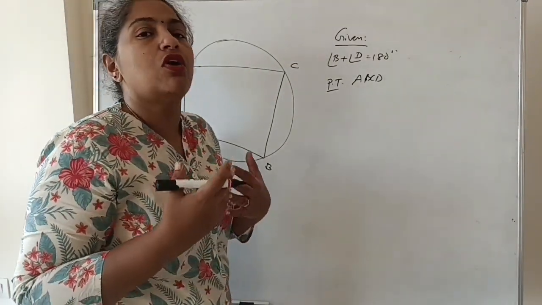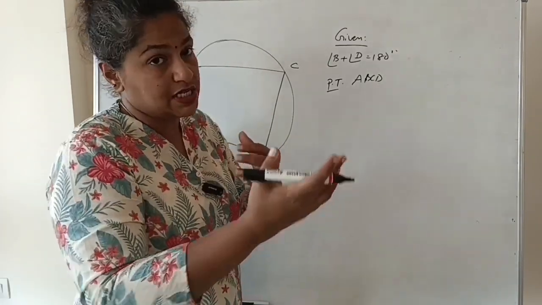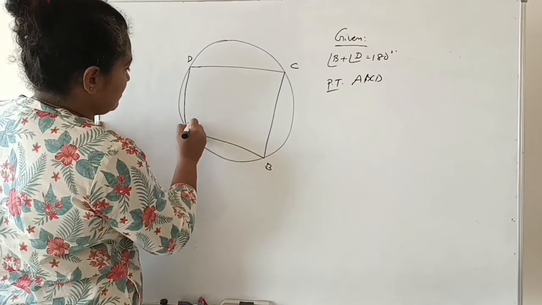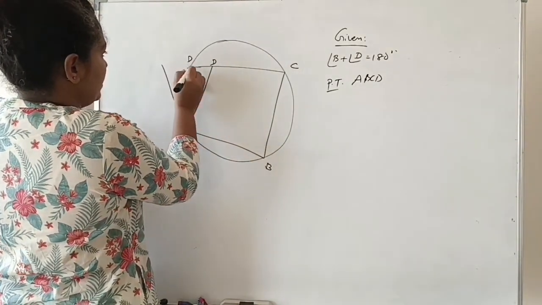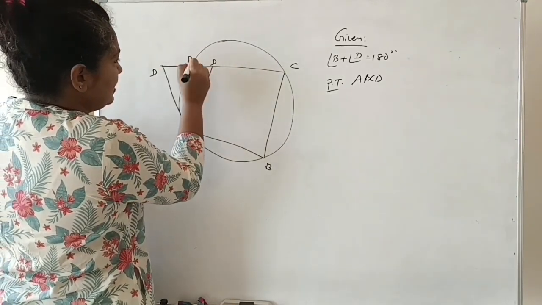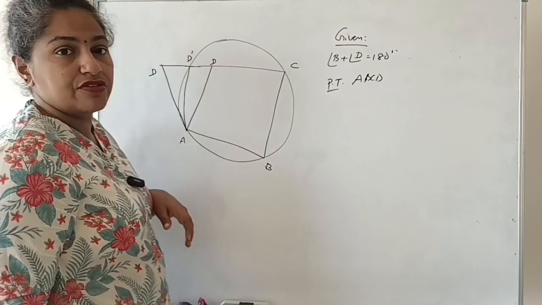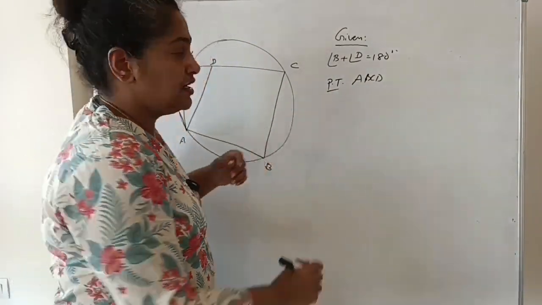So if the point D is not lying on the circle, it has to lie either inside the circle or outside the circle. So if it is lying inside the circle, the point D has to be somewhere here. If it is lying outside the circle, the point D has to be somewhere here. So let this line meet the circle at the point D dash. Okay. Now you know angle B plus angle D is 180 degrees.